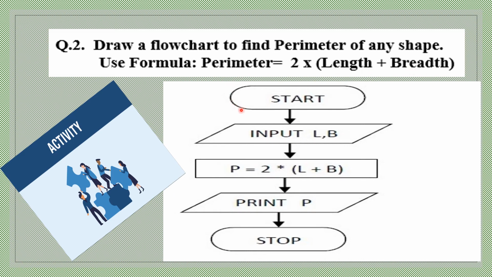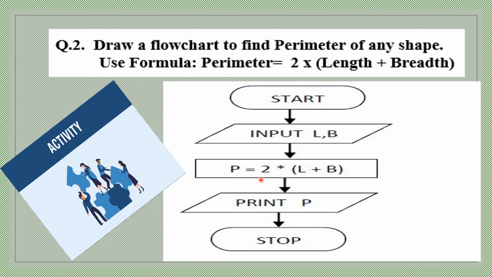Again look at the flowchart. We are starting it with a start terminal and then we have a flow line, and what we have to give is input, length and breadth. L is for length, B is for breadth, as it is written in the formula length plus breadth. When we give length and breadth as input, it will do the processing. P is for perimeter here.